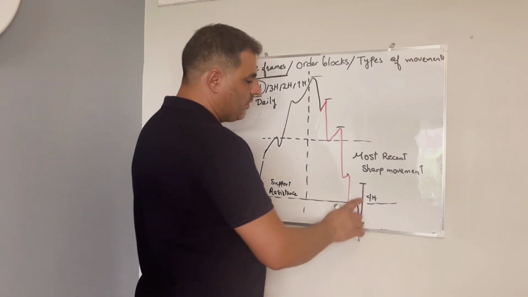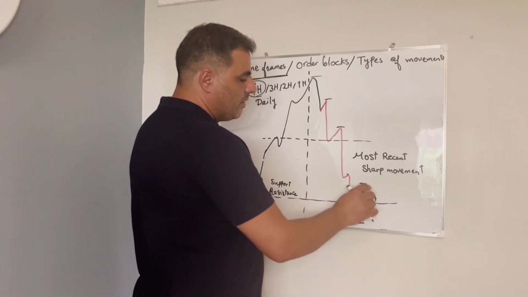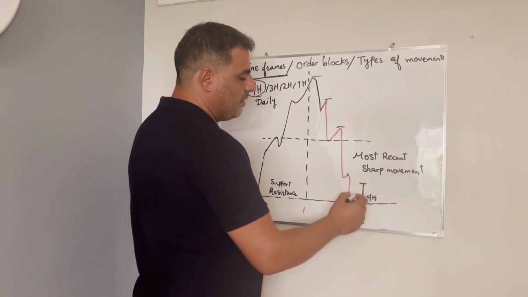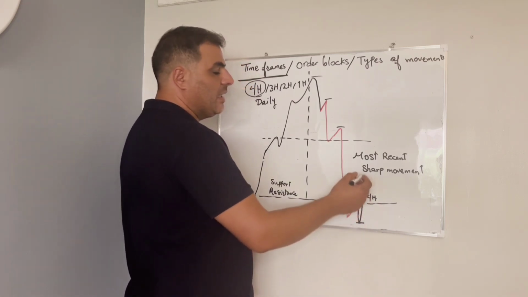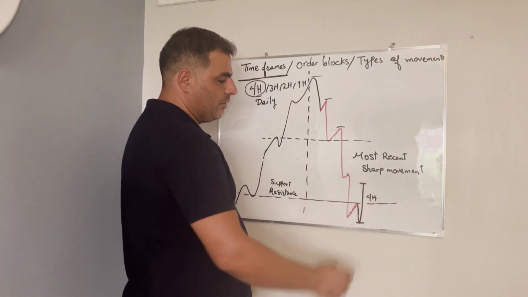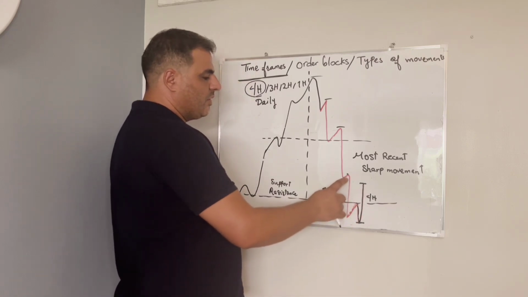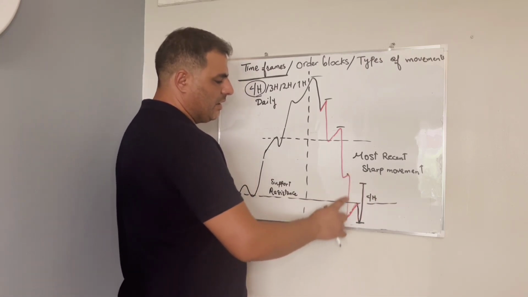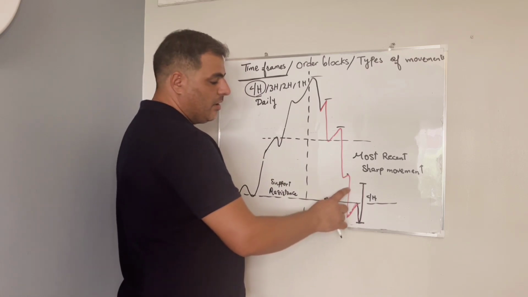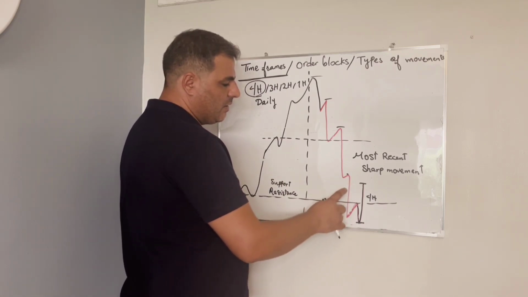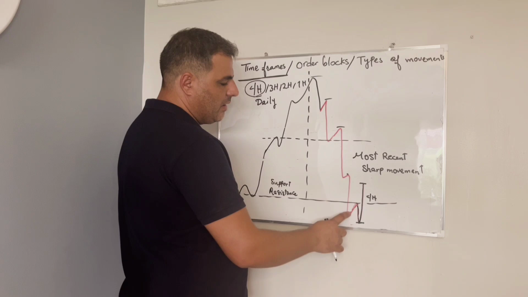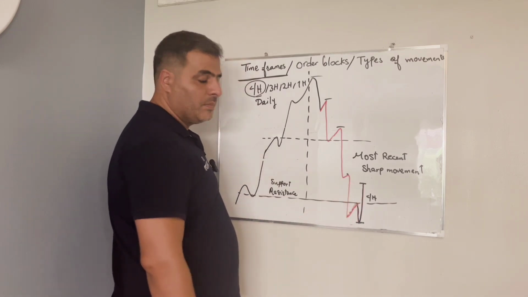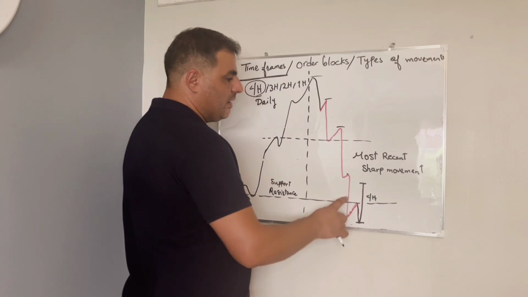We wait for this 4-hour candle to close, a 3-hour candle to close, and then we'll see how and where it closed. Before this, the most recent sharp movement is here, which is a declining candle. But we wait long enough. As you see, this is 4 hours, another 4 hours, another 4 hours, and another 4 hours. So this is total 16 hours.